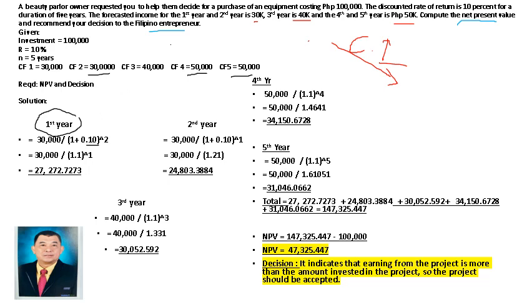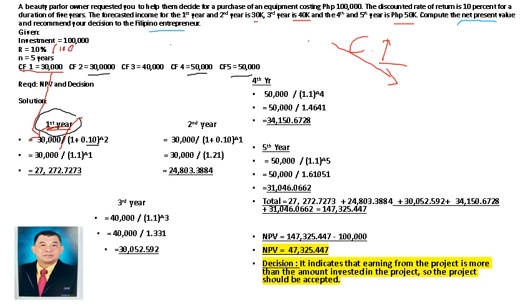Let's continue. So, 30,000, we are computing for the first year. So, 30,000, bring down, over, that one is constant. And you divide 10% by 100, so it gives you 0.1.